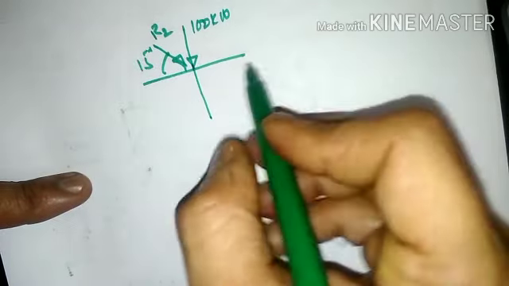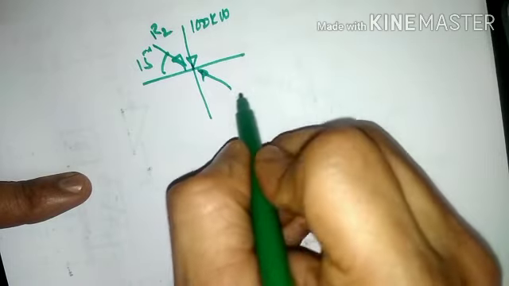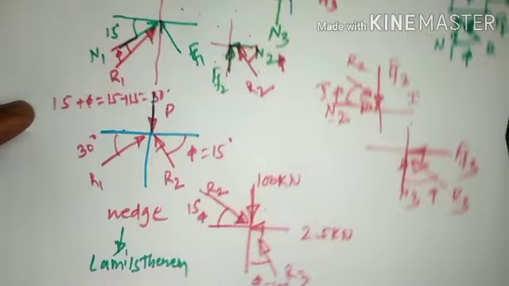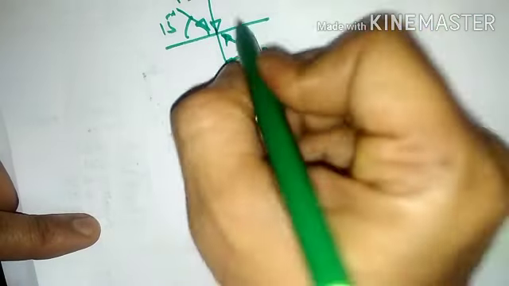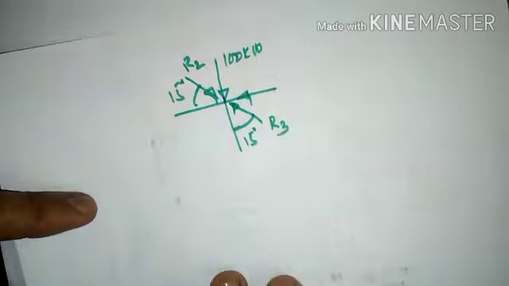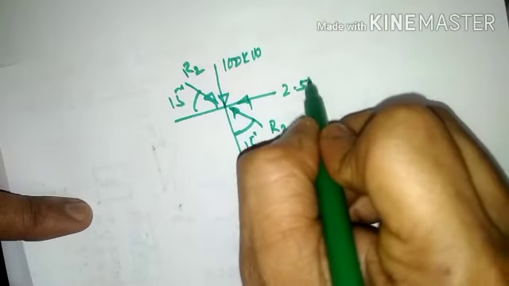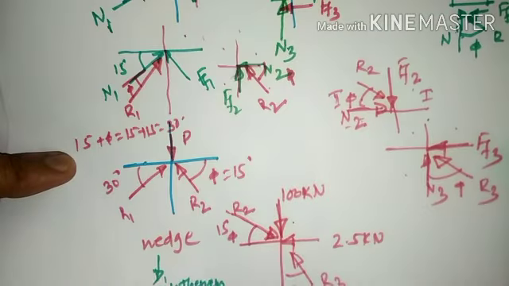Then extend this line. R3 is placed in the fourth quadrant, again making an inclination of 15 degrees. Then you have a force towards the left hand side of magnitude 2.5 kilonewton. So these are all the four forces available for the 100 kilonewton block.